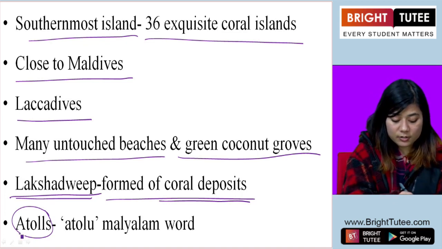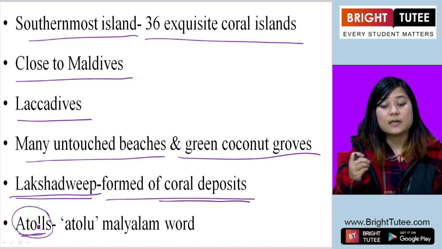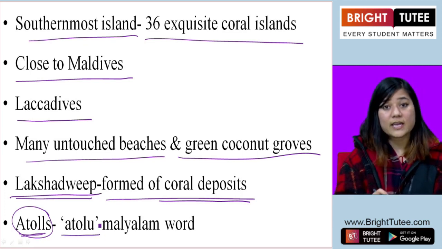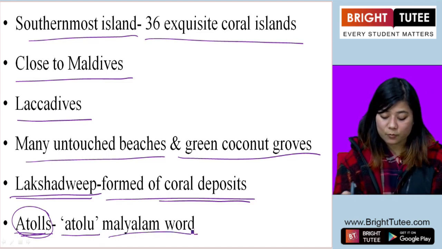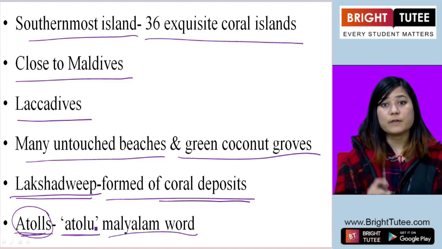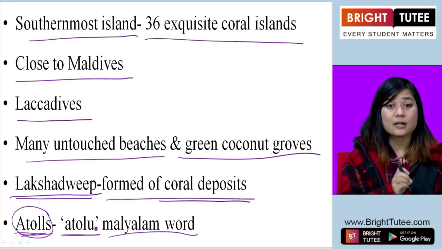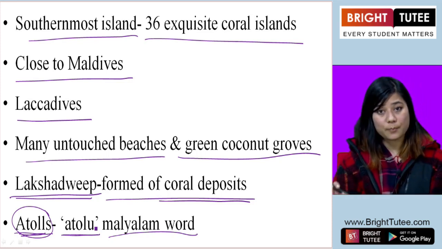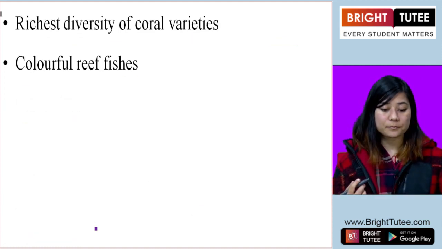The name is in English, but in Malayalam it is called atollu. So the name atoll is derived from the Malayalam word atollu, and from atollu the name has been given as atolls to the coral deposits which form the Lakshadweep Islands.